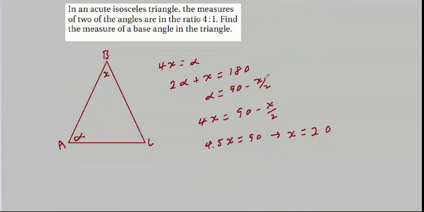But now we have an equation. When we make our substitution, 4x equals alpha, we get an expression for alpha. We can write 4x equals 90 minus x over 2. We add x over 2, that's 1/2 x, to each side, and get 4.5x equals 90. Well, that leads to x equals 20.